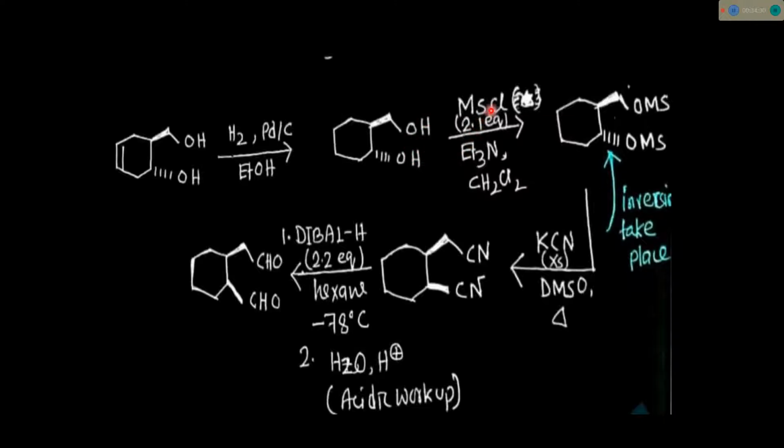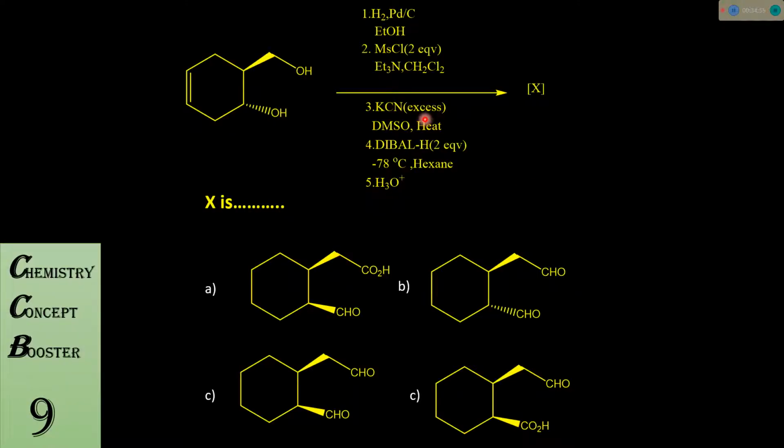Since there are 2 equivalents of MsCl, both the OH groups are converted into OMs, since more than 2 equivalents are used. After that, KCN in DMSO is there, with DMSO as the solvent. KCN gives the CN minus nucleophile. See, CN minus exchange is given.